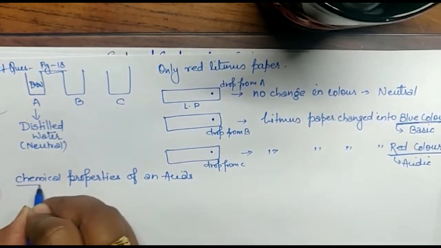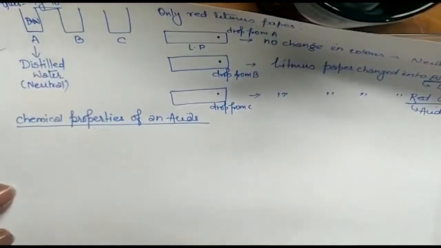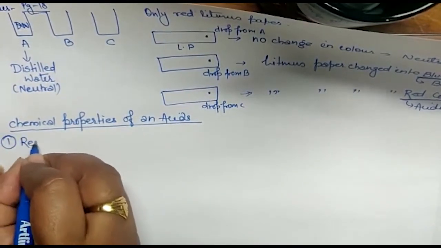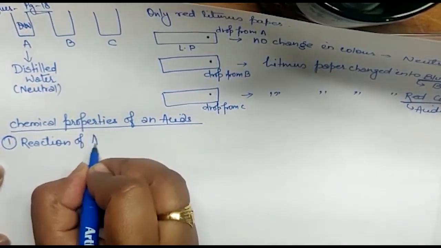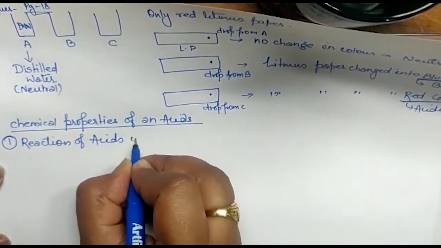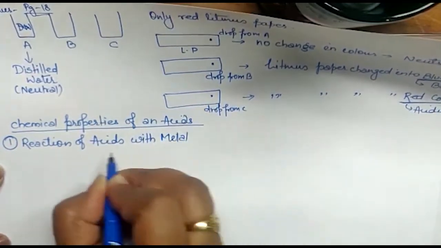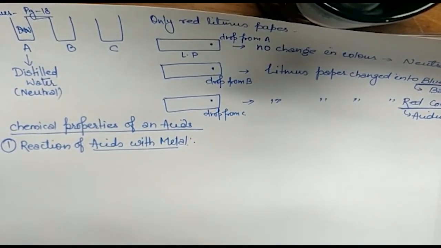It is important. Again, the reactions will be there, so understand it properly. First we will do the reaction of acids with metal. This point will work till class 11th and 12th also.